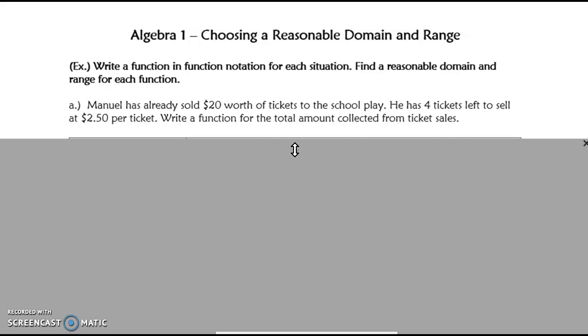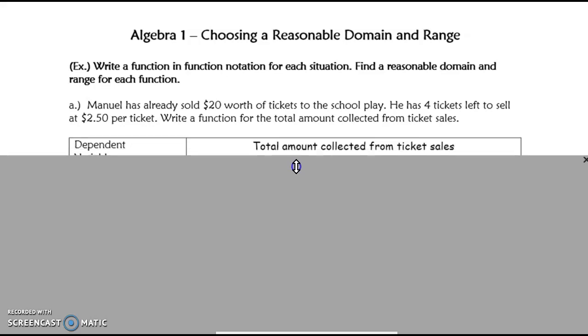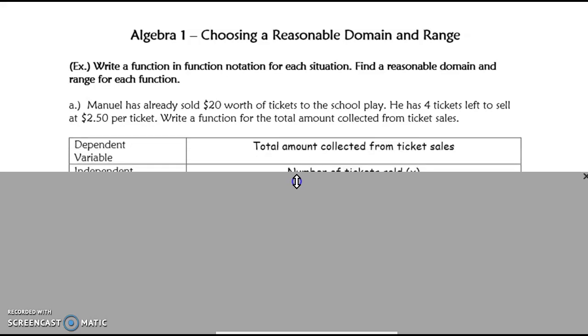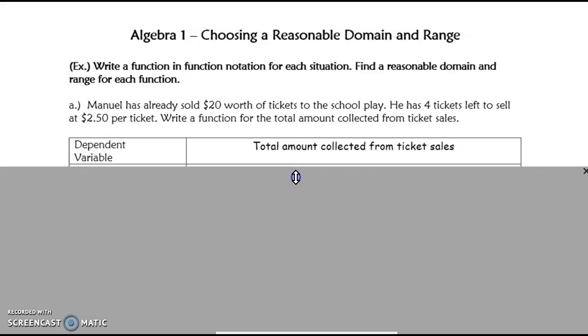So go ahead and write that in for your dependent variable. Total amount collected from ticket sales. That's what you're going to write on this sheet. So far you've sold $20 worth, but you still have 4 more tickets, so that could increase, possibly. So total amount collected from ticket sales is your dependent variable.